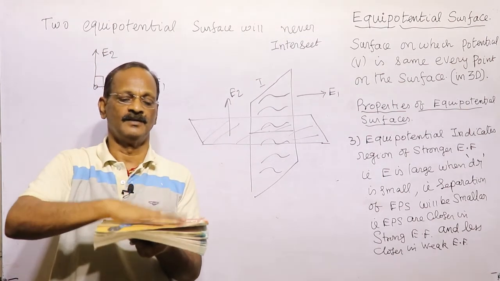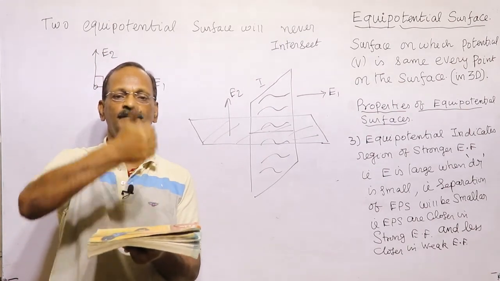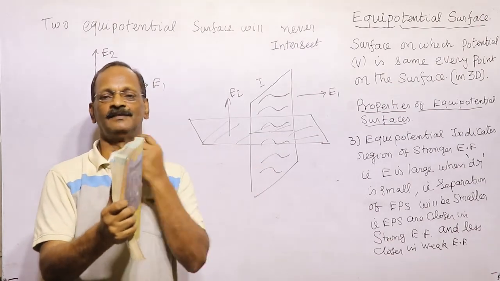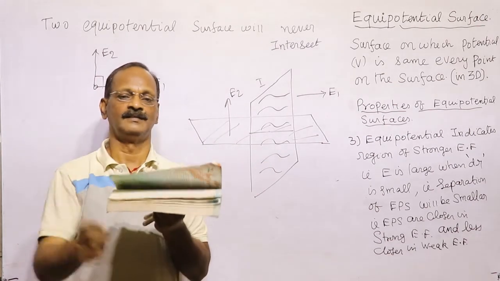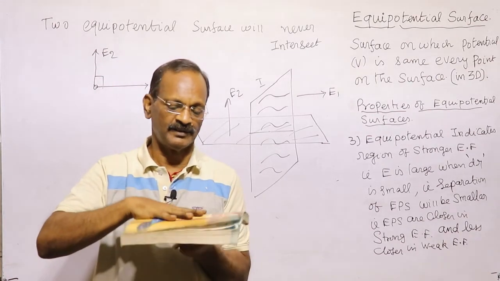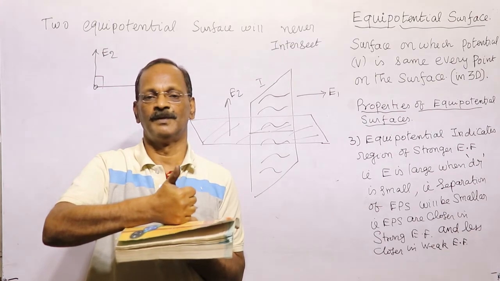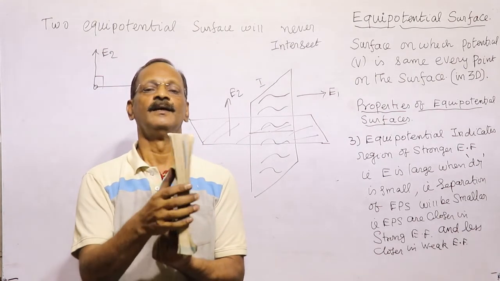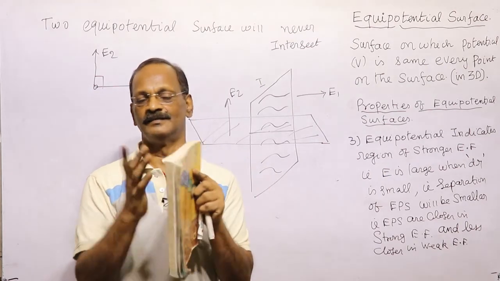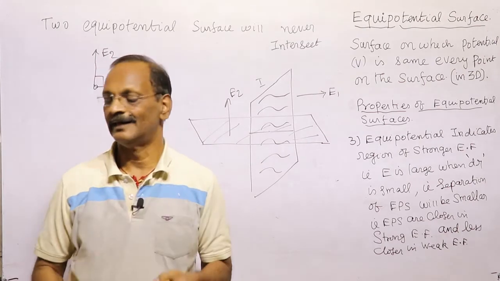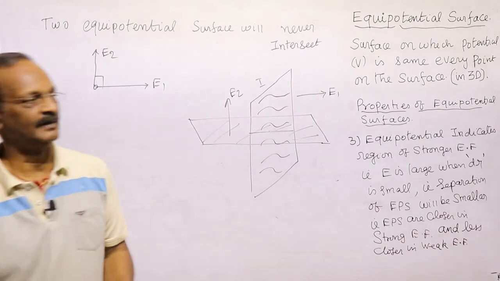For each equipotential surface the electric field will be perpendicular, this way or that way, depending upon the electric line. It means both are at 90 degree. If they are intersecting, it will be 90 degree.